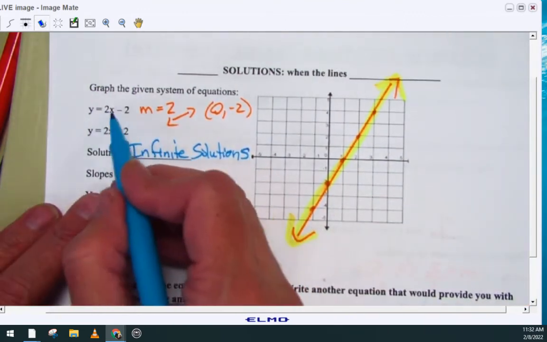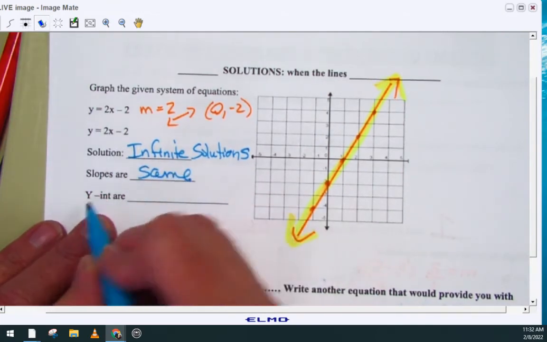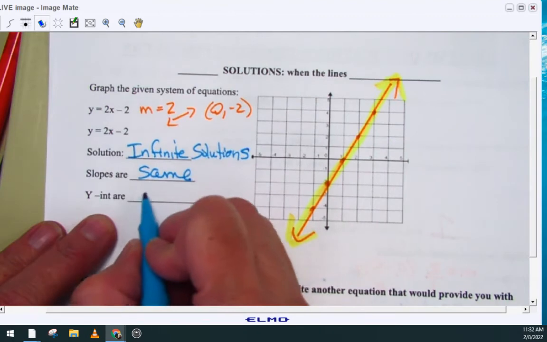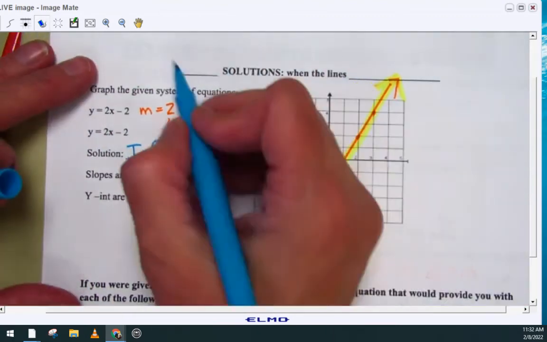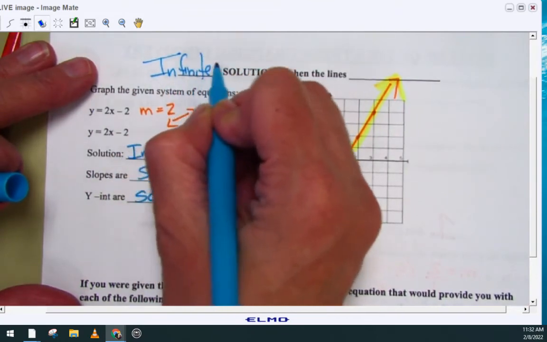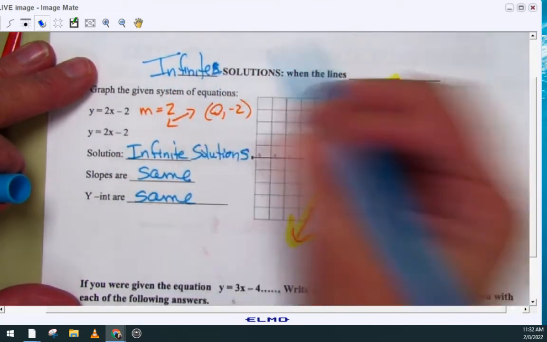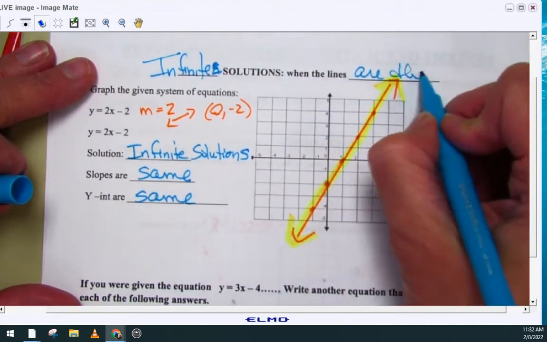The slopes were exactly the same, and the y-intercepts were exactly the same. So, in order to have infinite solutions, the lines have to be the same.